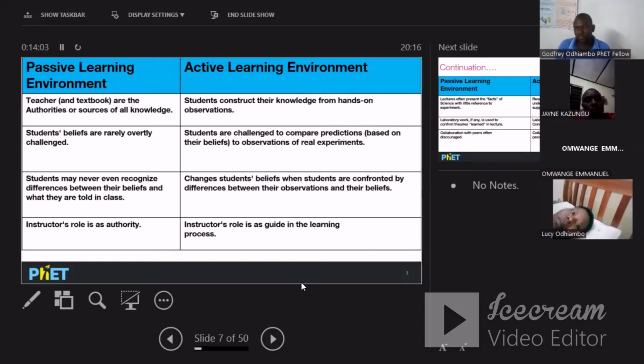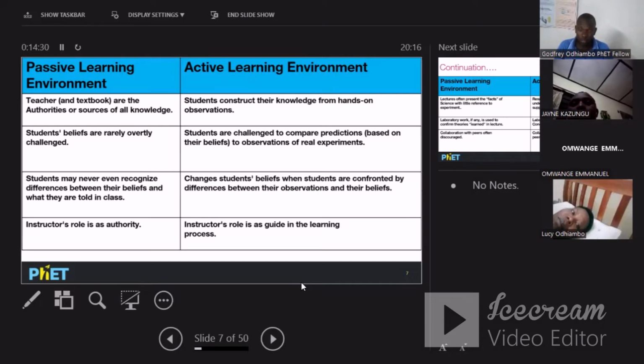Now, the characteristics of a passive learning environment and an active learning environment are as enumerated. The first one, the teacher and maybe the textbook are the sole source of knowledge. The students' beliefs are rarely overtly challenged.